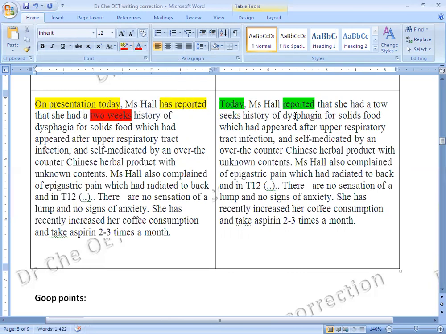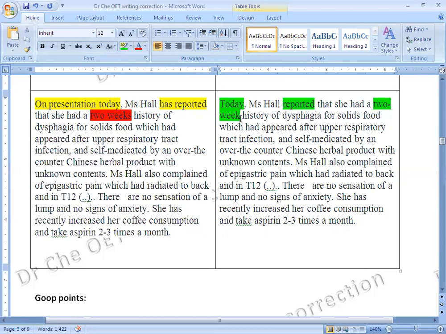We need to use a hyphen: two, then hyphen, then week. Is it correct to use weeks or week? When we use this style of hyphen, it is a 2 week history, not weeks.